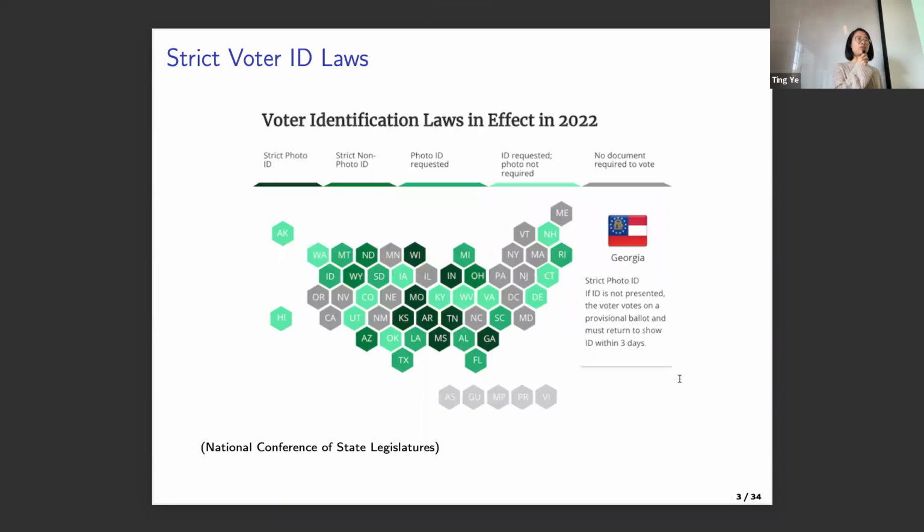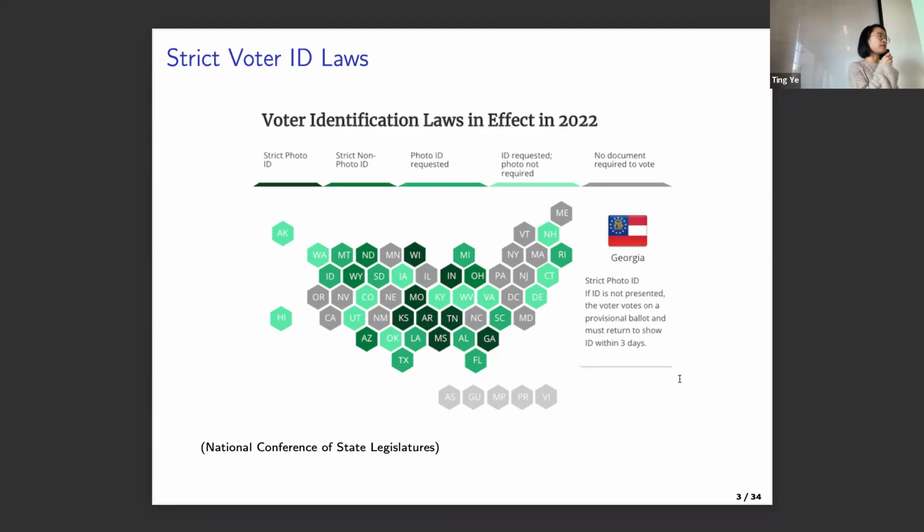First of all, I would like to start with this motivating example of strict voter ID laws. Actually, we have another application, but I think this application is more interesting because it's all over the New York Times and other news outlets these days. Strict voter ID laws require voters to present a valid photo ID in order to cast a vote.